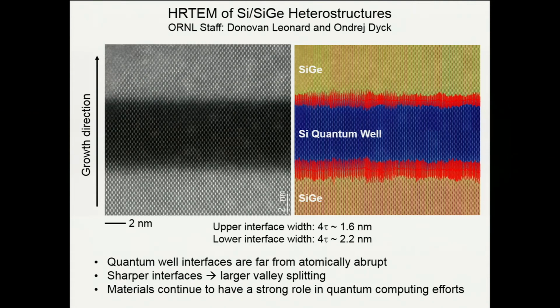And we see that in contrast to, say, gallium arsenide, where you can really have an atomically abrupt interface between gallium arsenide and aluminum gallium arsenide, this is a fairly broad interface. And that reduces the potential step between the silicon quantum well and silicon germanium, and can also be partly responsible for small valley splitting. And therefore, moving forward, we'll be paying more attention to the material's growth properties.